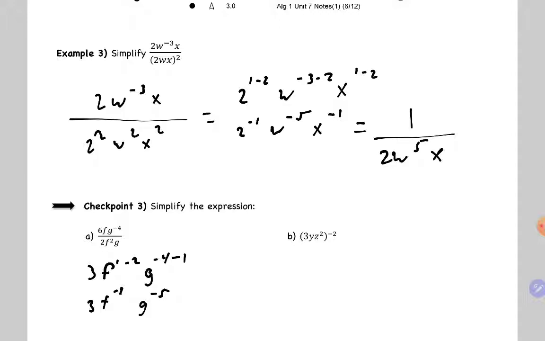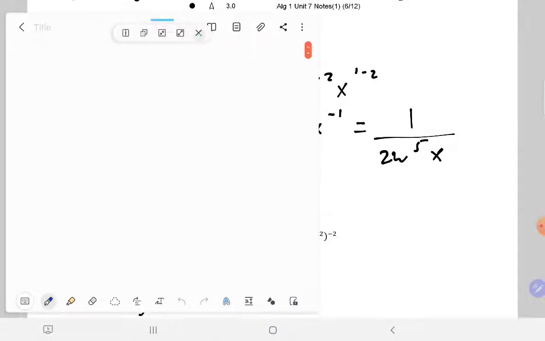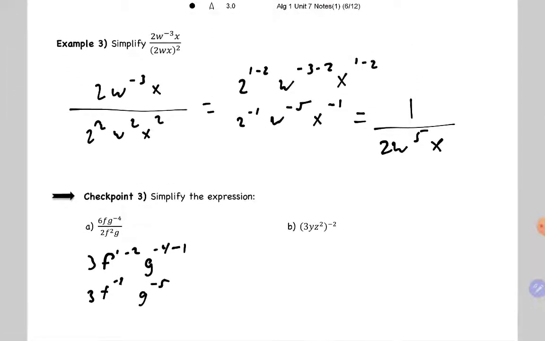My thing seems to be busted. Let me see if I can fix it. There we go. So 3 stays up top, and everything that's negative is going to go in the bottom. So f to the first, g to the positive 5, and that's our answer.